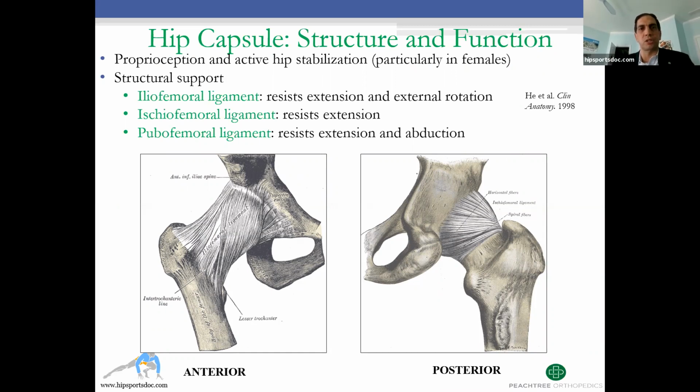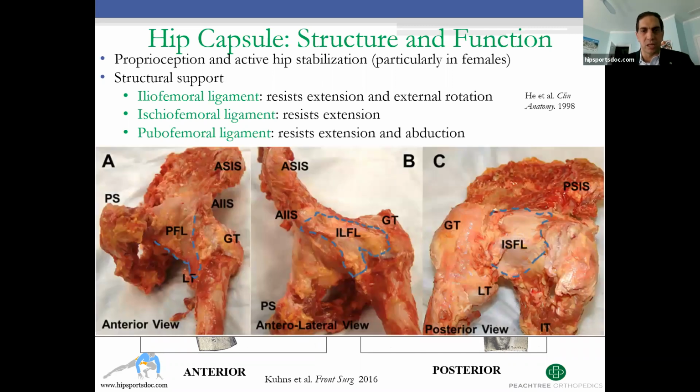It's important to note that we protect patients after surgery from that specific position, extension and external rotation, once the capsule is closed. This is just pictures of it with the iliofemoral ligament being in this level B type of picture, demonstrating it draped across the front of the joint here.